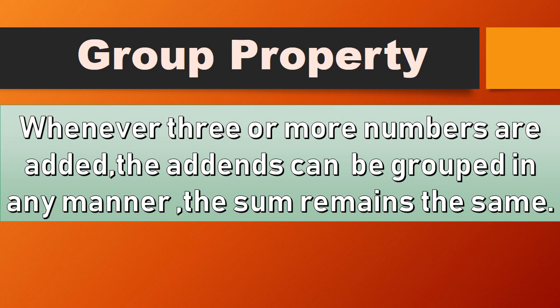The sum remains the same. Means, with three or more numbers, you can pick any two numbers, add them together, and with that sum you can add the third number. You will get the same answer in any case.